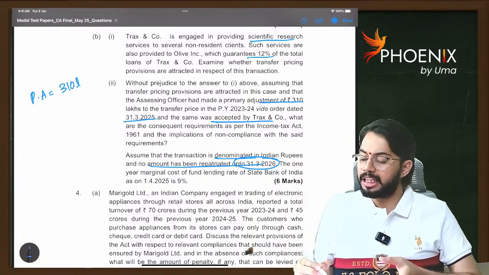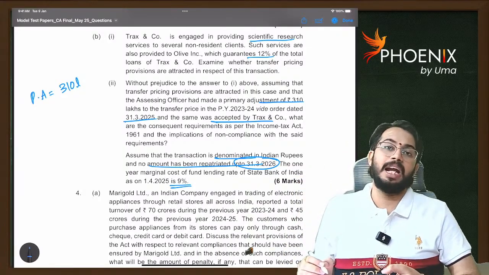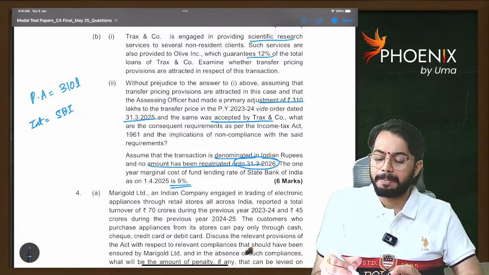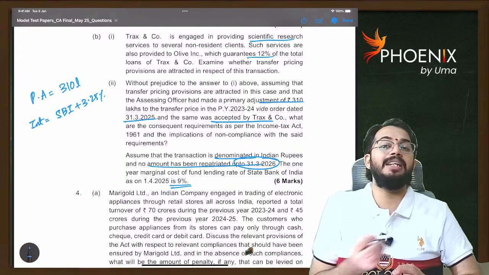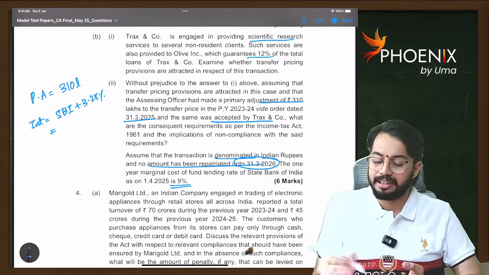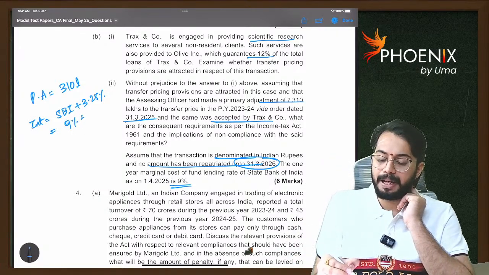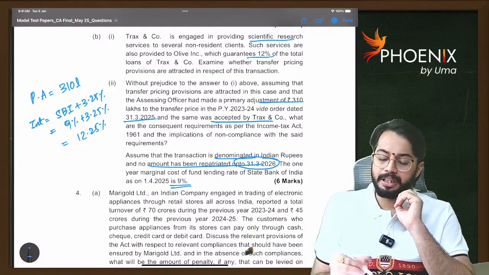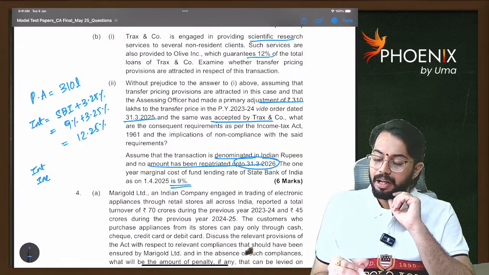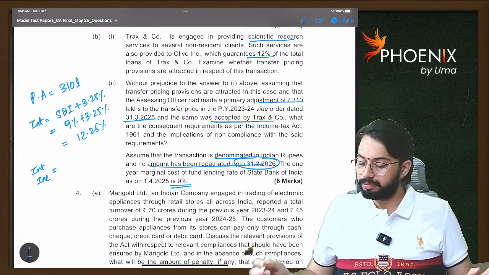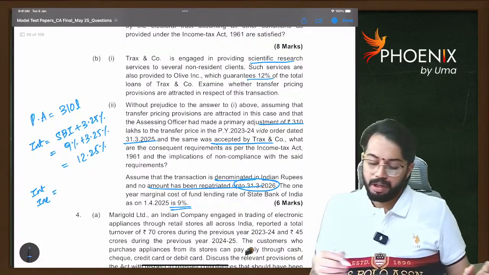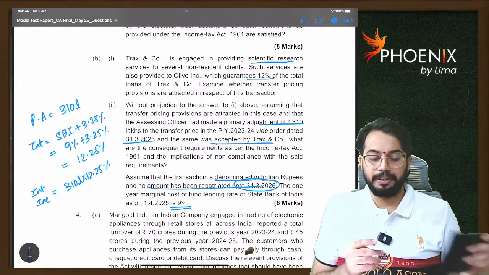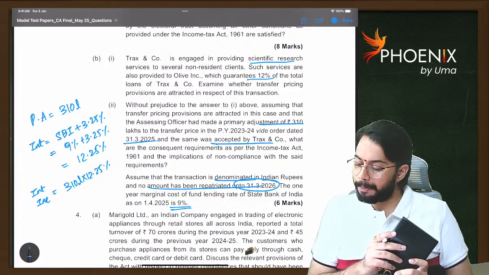Here, SBI marginal cost of lending rate is 9%. What is the rate of interest? Interest rate is equal to SBI rate plus 3.25% as the transaction is denominated in Indian currency. SBI rate 9% plus 3.25%. How much? 12.25%. So how much will be the interest income? Interest income is equal to 310 lakhs into 12.25%. It's not 12.5, it is 12.25.